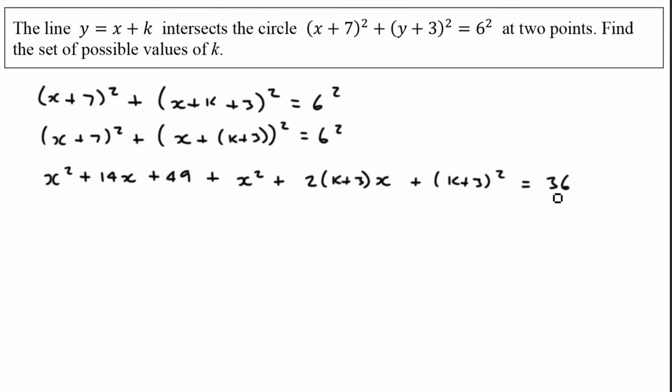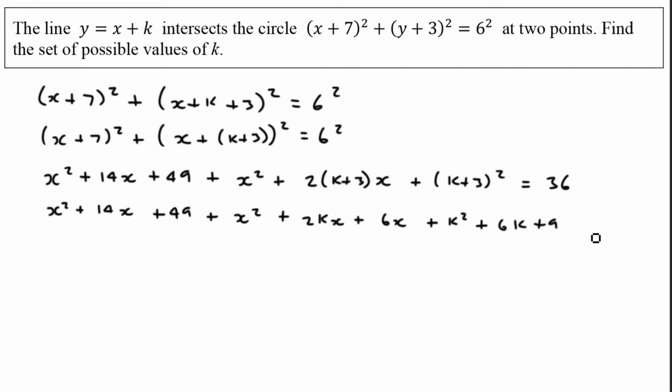We have a little bit more expanding to do before we can collect everything. x² + 14x + 49 + x². Now let's expand this. We will have 2kx's and 6x's. Expanding this bracket, we will have k² + 6k + 9. All of that is equal to 36.